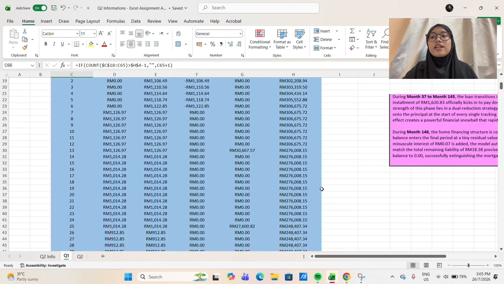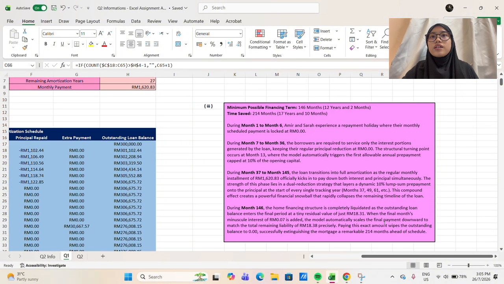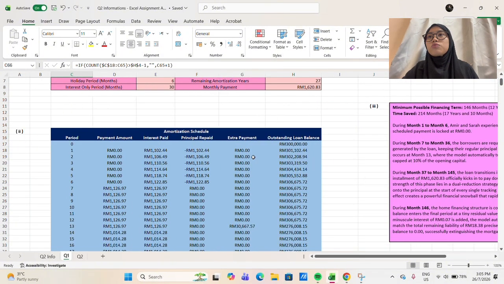So in Excel, we automate the extra payment column using the logical test, which is this formula: IF period is greater than 13, MOD(period minus 1, 12) equals 0, and then use this formula.